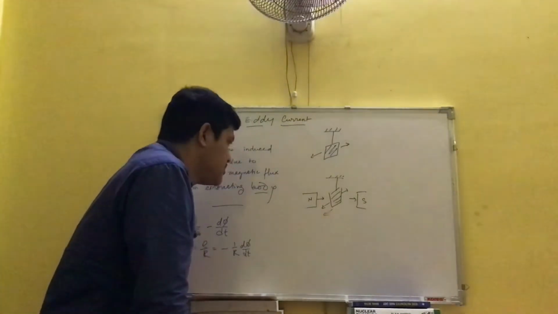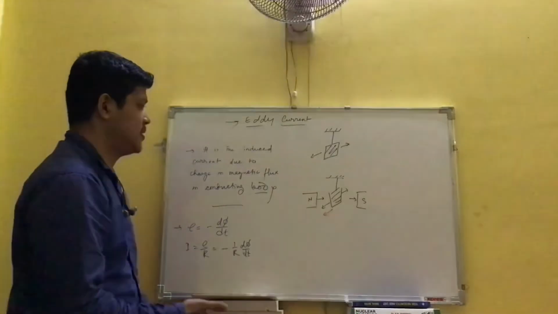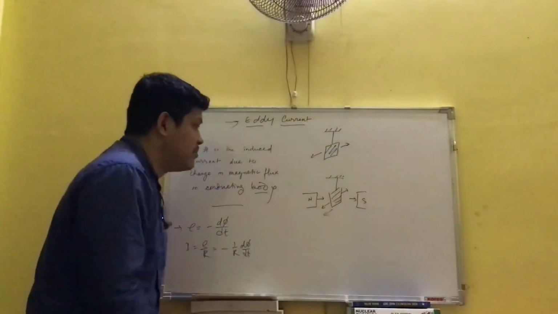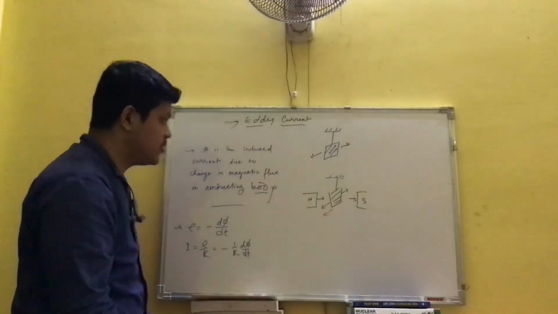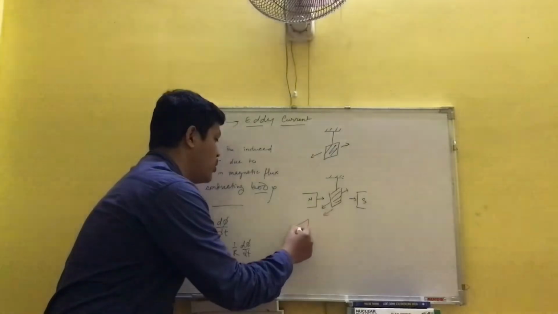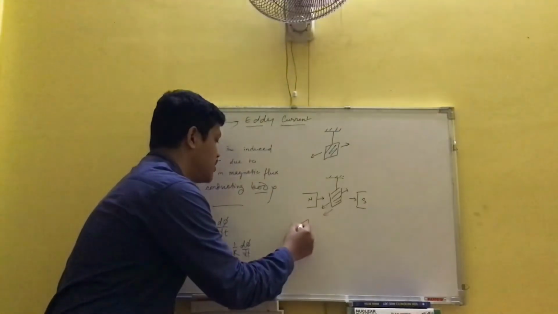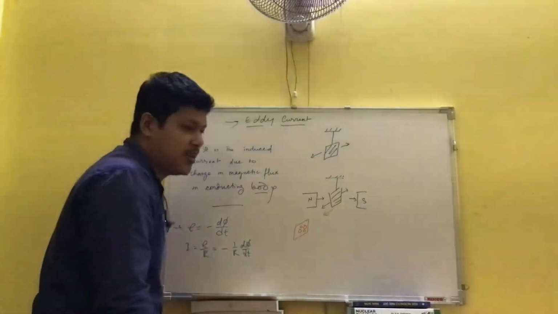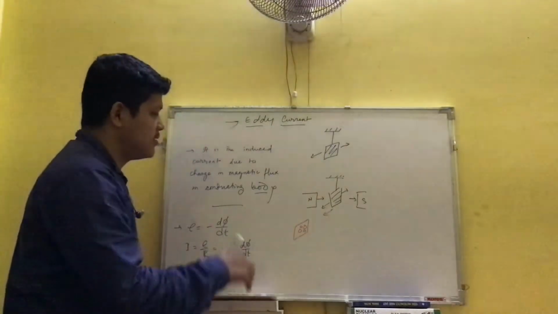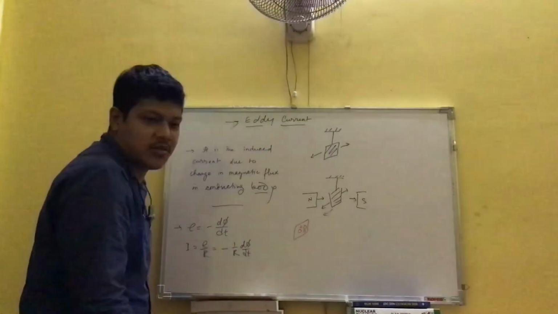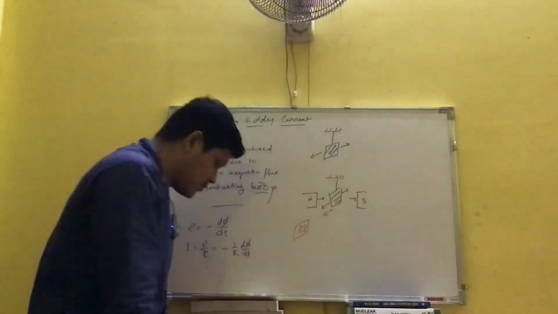So now to overcome this retardation and heat loss, and to minimize the eddy current, what can we do? In this metal plate, we can make holes. Then this eddy current will be discontinued, and then retardation will be less and there will be less heat loss, right?